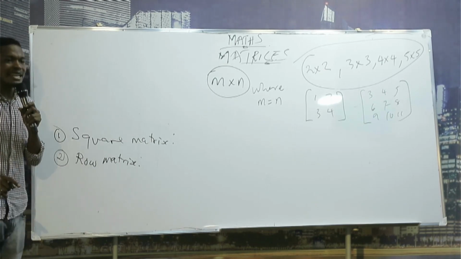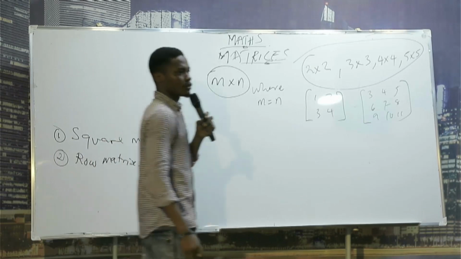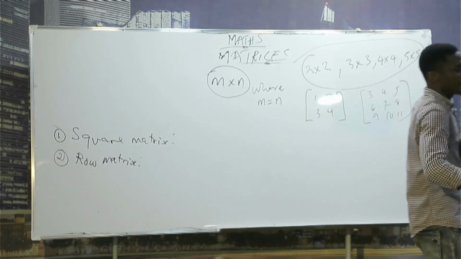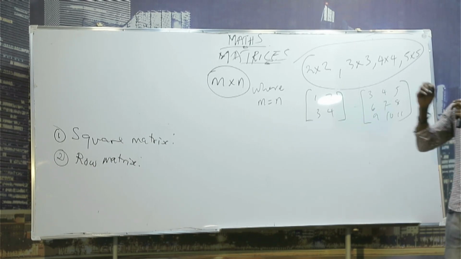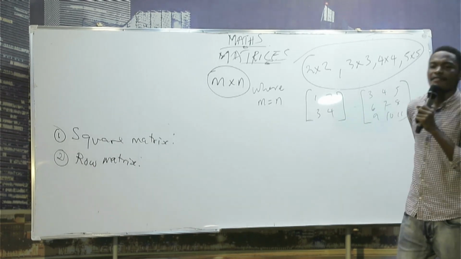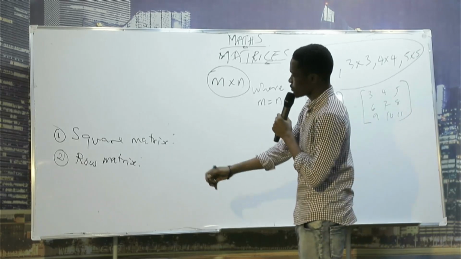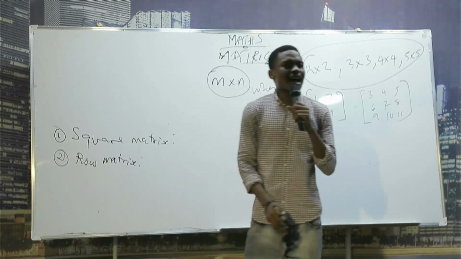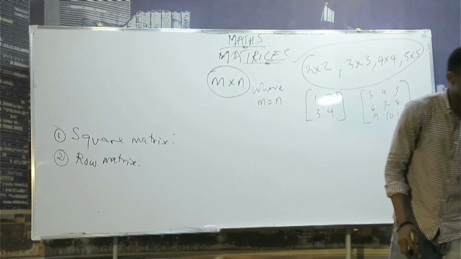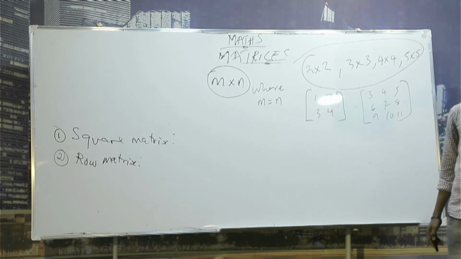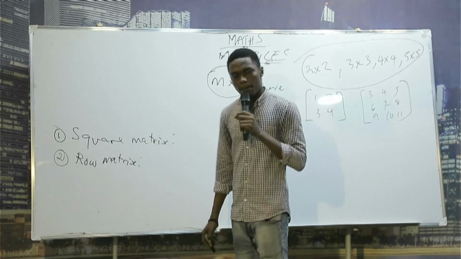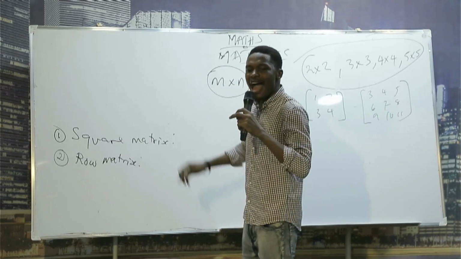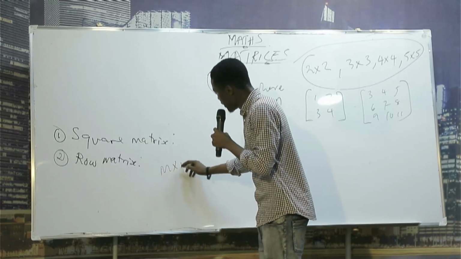It is a matrix that has only one row, but can have several columns. Full stop.